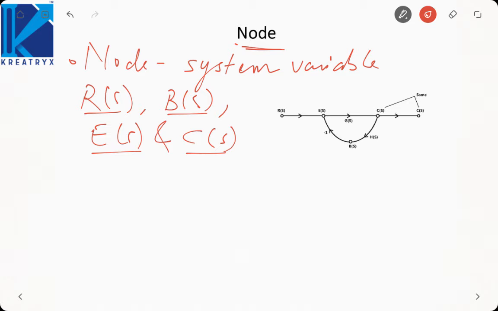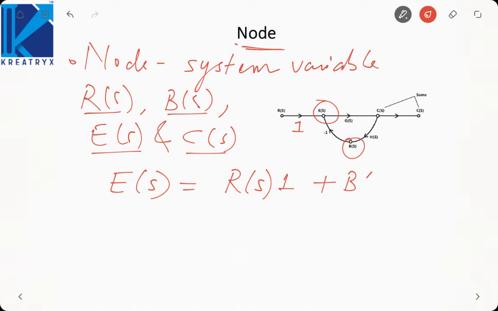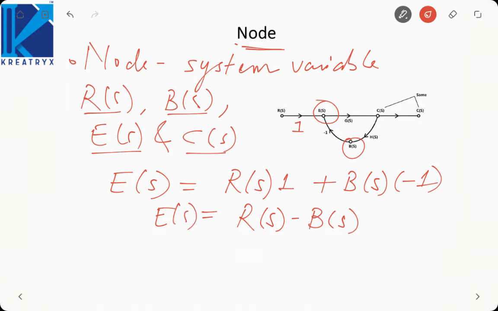And next thing is each node variable is equal to the sum of incoming signals. Let me show how it is done. Here this node variable is E(s). The incoming signals to this node are R(s) into 1, and the other incoming signal is B(s) into -1. So it would be R(s) minus B(s). This is the same equation that we wrote in our block diagram analysis.